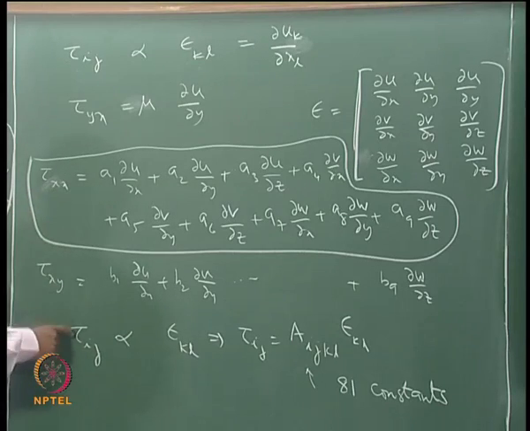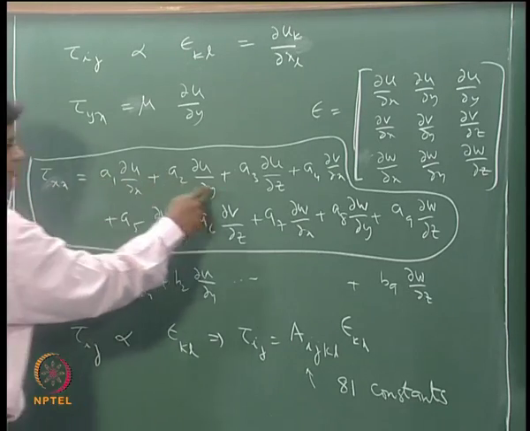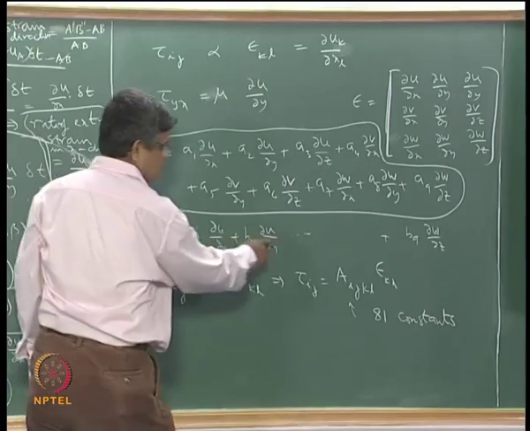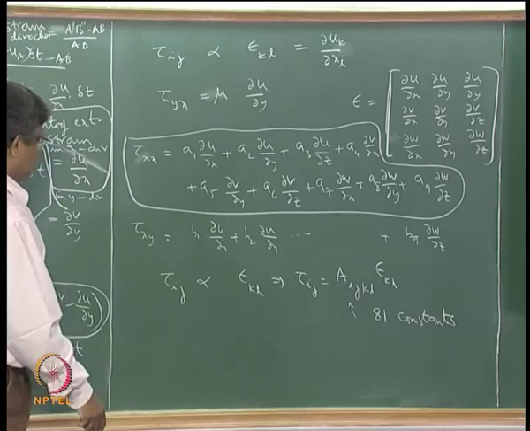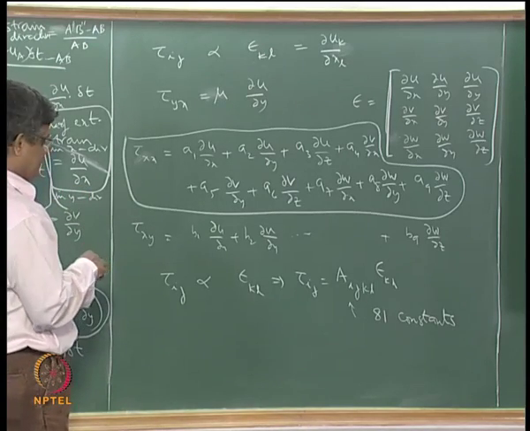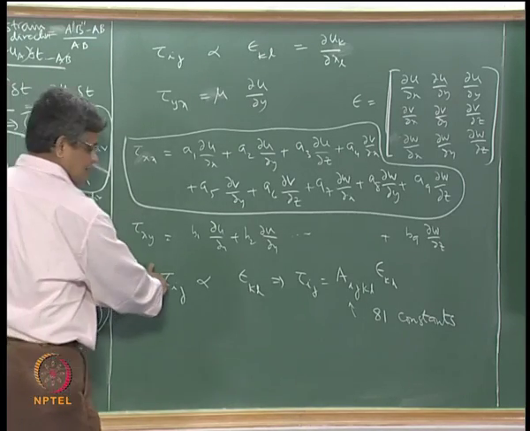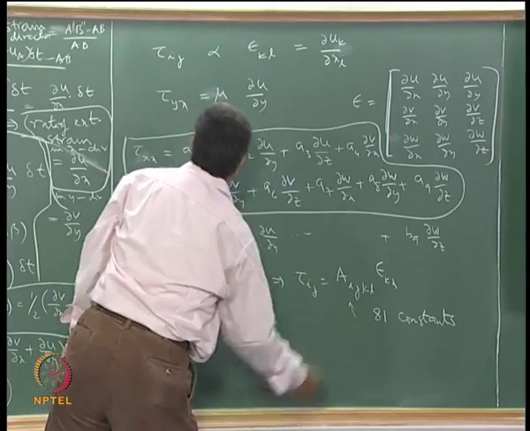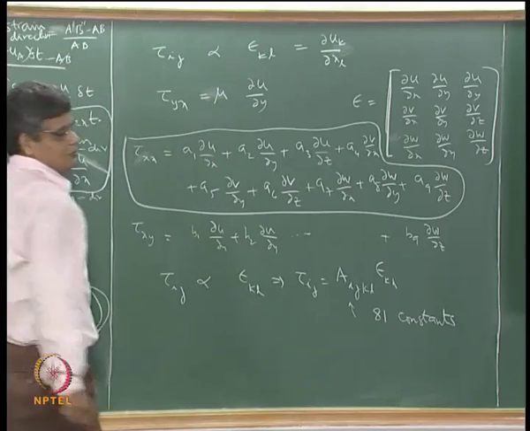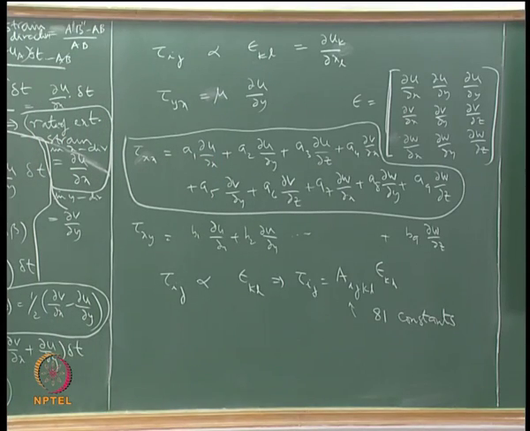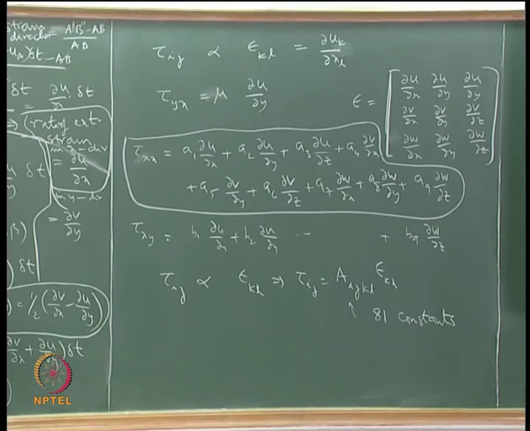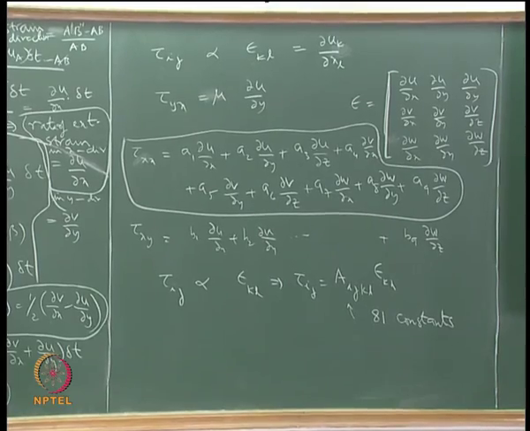For example, the first element of this has 9 constants a1 to a9, and the second element has b1 to b9, that is 9 more components. So a generalized expression between shear stress and the strain rate here will involve 81 constants, not a single constant mu.